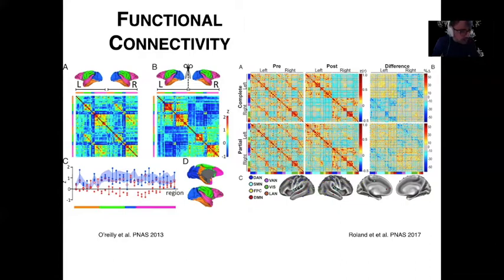Those are all different regions and how they are interconnected. If you look at the square on the left and divide it into four separate squares, you can see that the left hemisphere is very well connected with itself, that is the top left square, and very well connected with the right hemisphere, that is the bottom left square of this big square on the left.